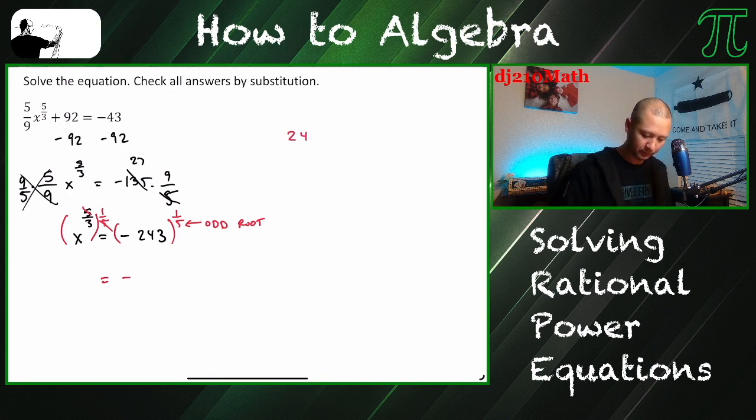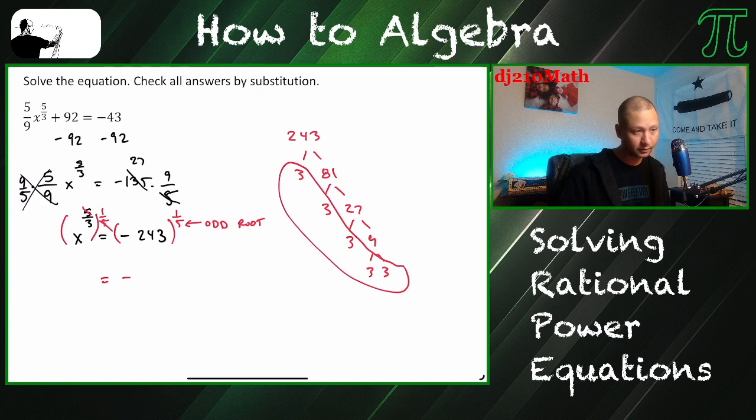So 243, when we factor this using our prime numbers, this is going to be 3 times 81, 3 times 27, 3 and 9, 3 and 3, and it's a fifth root, so I have to group together a group of 5. So the fifth root of 243 is just 3. Again, the negative's out front.